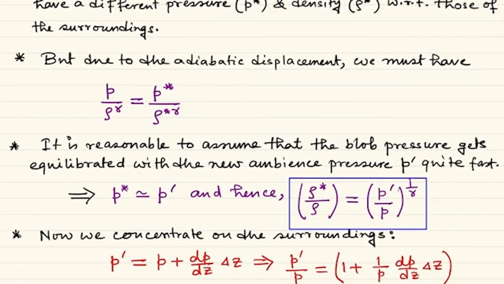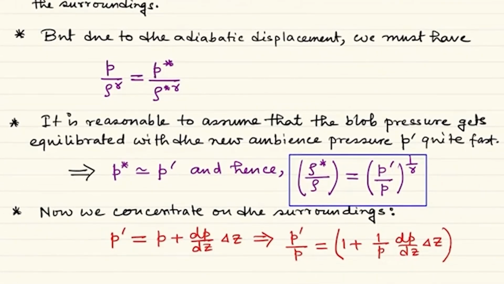Once again, here we are talking about the adiabatic case. So gamma is not a general polytropic index, but is exactly equal to Cp by Cv, or 1 plus 2 by F, where F is the degrees of freedom of the system constituents.